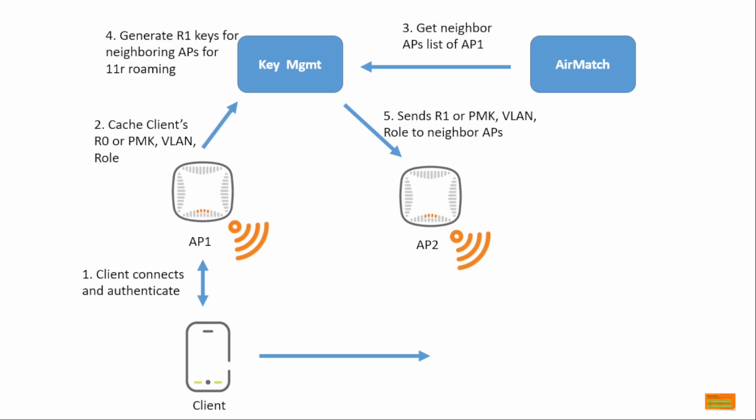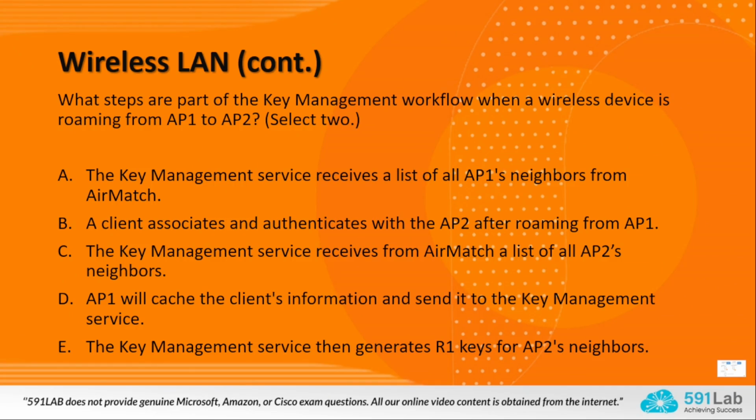Then the key management service will generate PMK R1 keys, in other words, PMK level 2 keys, and send the R1 keys, VLAN and role details to AP1's neighbors. So in this case, it is AP2. Hope these steps in the key management workflow are clear. So we'll go through the answers.